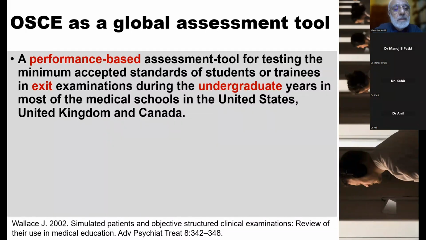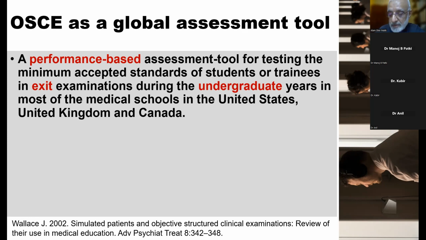And we will see the first thing is that OSCE is a performance-based assessment tool, and it is being used in high-stake exams like exit examinations during the undergraduate years in most of the medical schools around the globe, including the United States, United Kingdom, and Canada. So this is an accepted tool for assessment of high-stake examinations in both developed and developing countries.